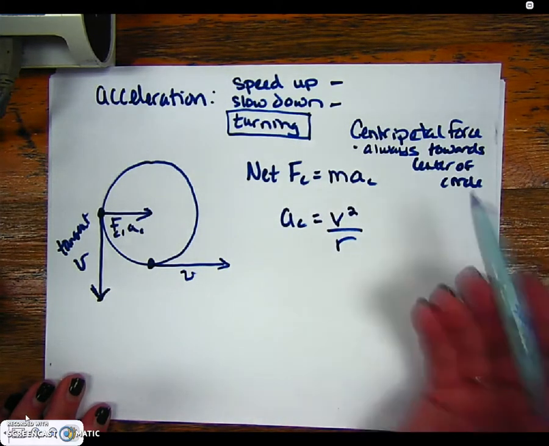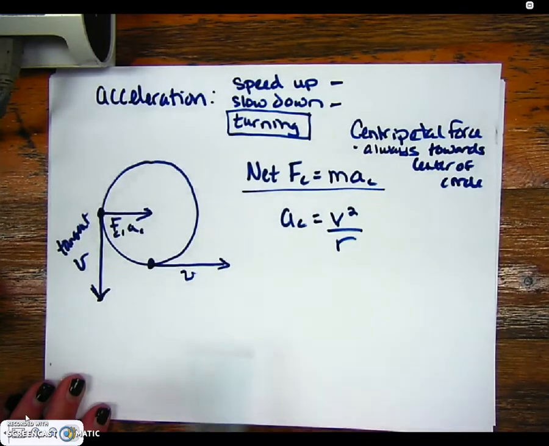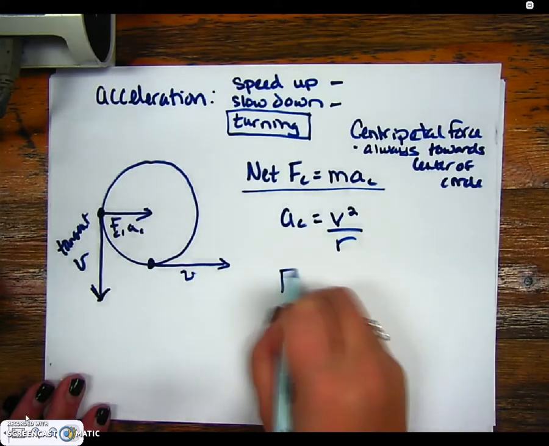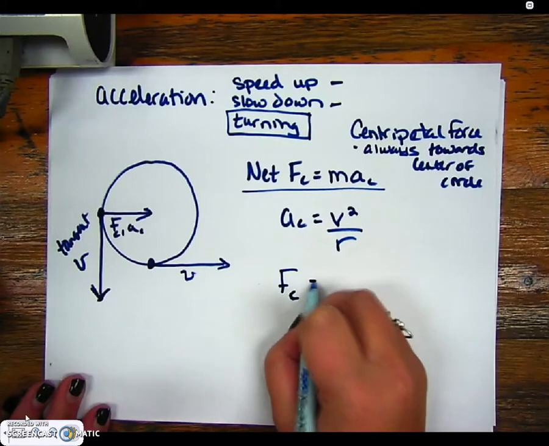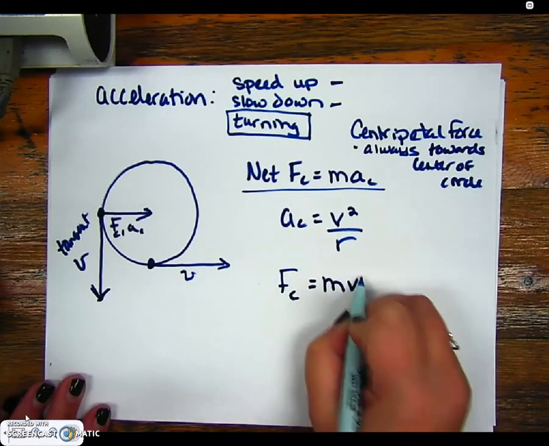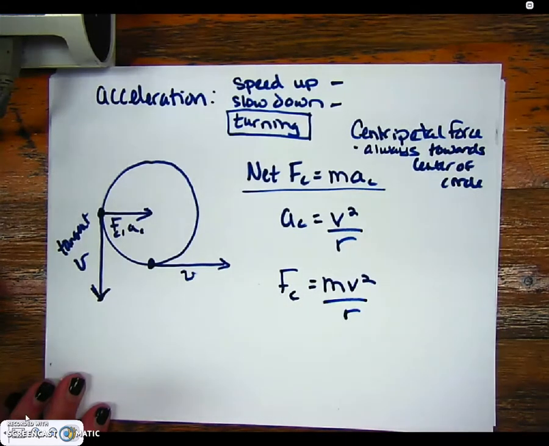So usually when I write Newton's second law for uniform circular motion, I put that the net centripetal force is equal to mv squared over r.